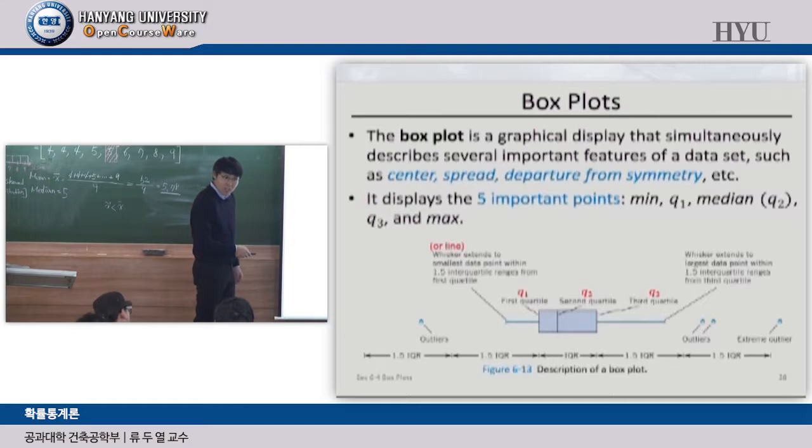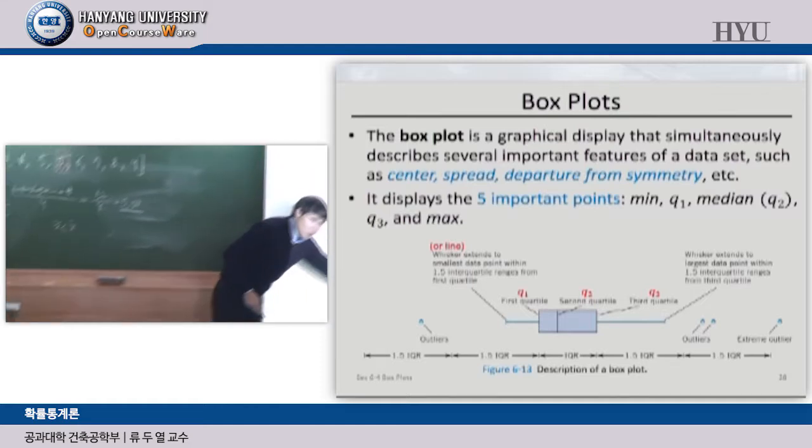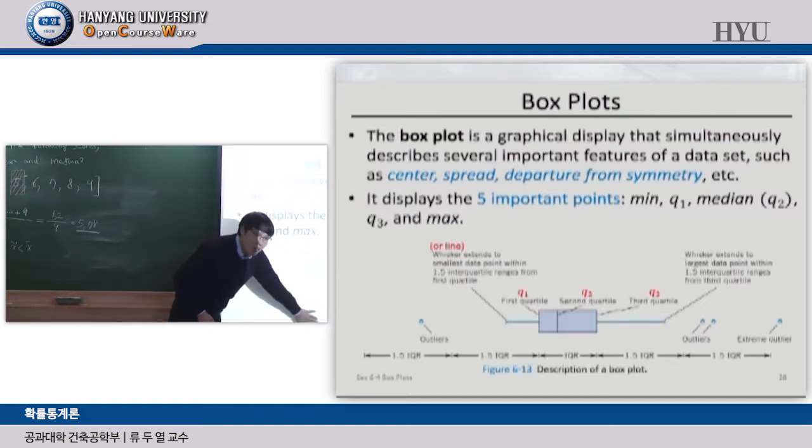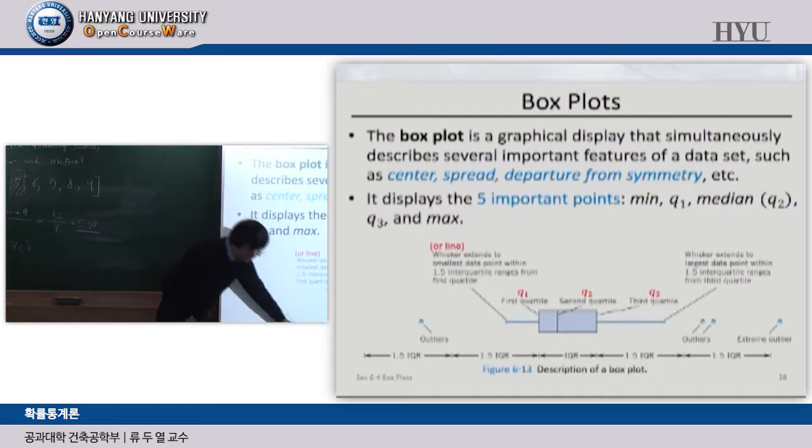We have more data points here, but the data points beyond this line, 1.5 interquartile range from the first quartile, we are going to neglect. So the smallest data point in this box plot will be the smallest data point within the 1.5 interquartile ranges from the first quartile.